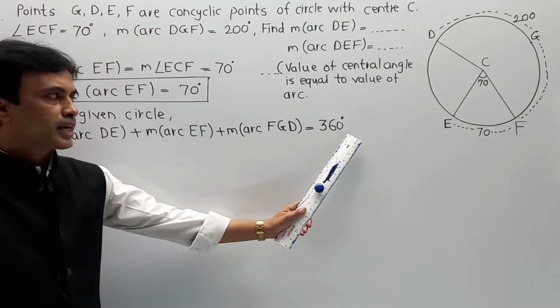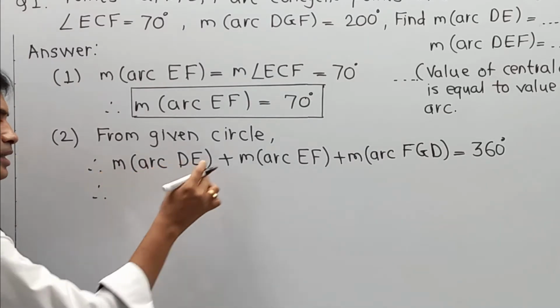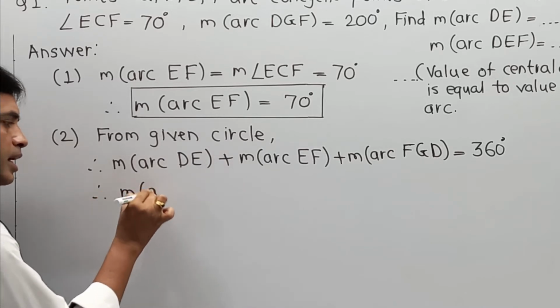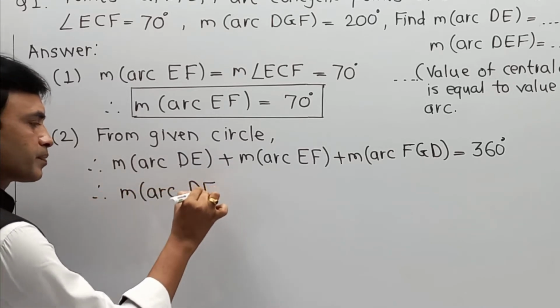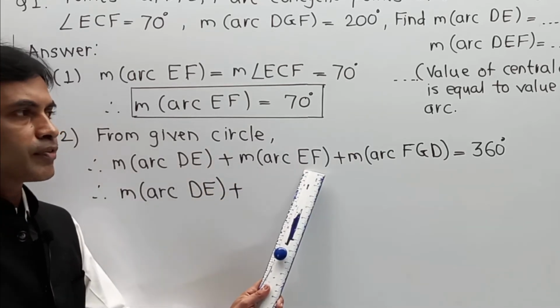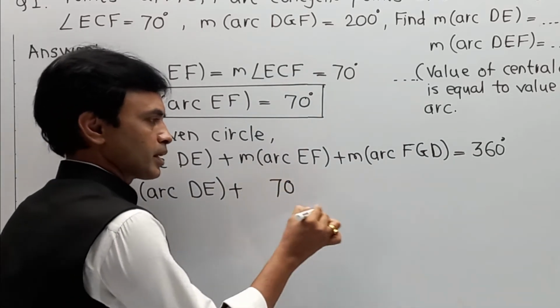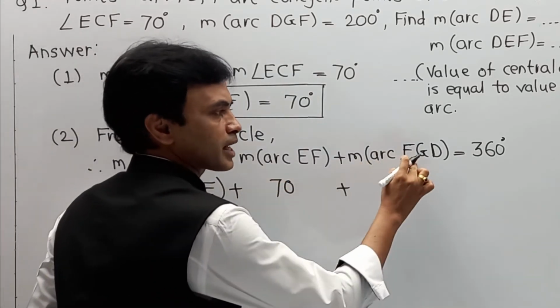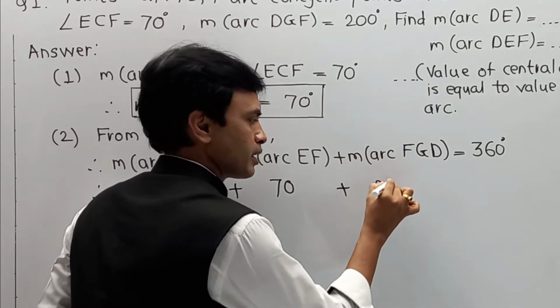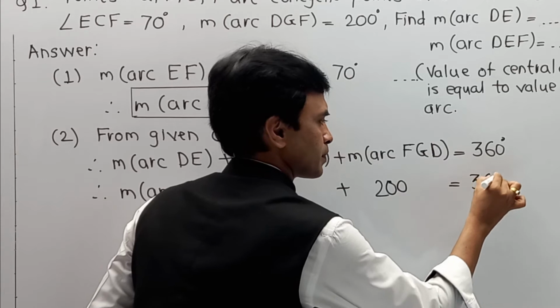Applying that, major arc DE plus major arc EF, which we calculated as 70, plus major arc FGD, that is 200, is equal to 360 degrees.